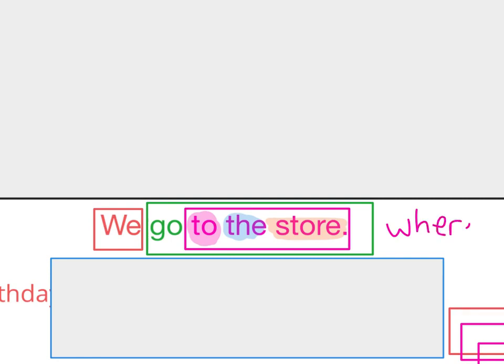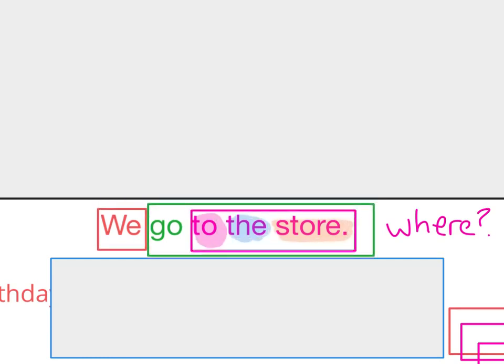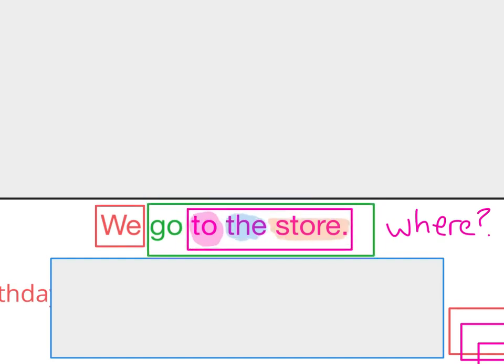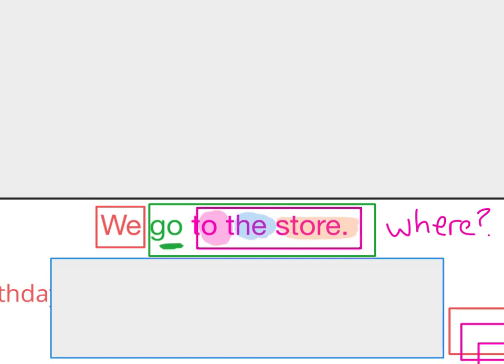Where do we go? So in this sentence, we have who is it about, what are they doing, go, and where are they going? To the store. So we have three questions answered. Who, do what, where.